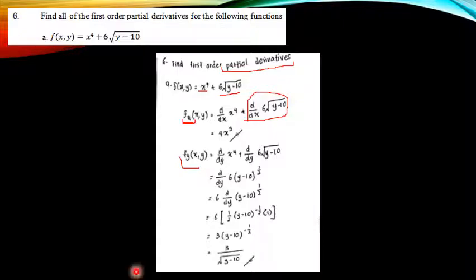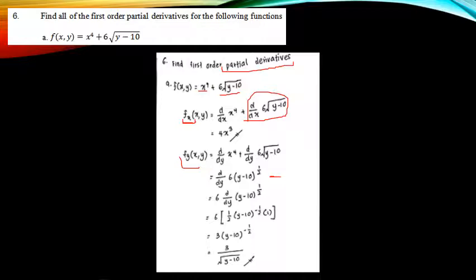Since the first term x to the power 4 doesn't have any y, it is excluded, equal to 0. Then we only differentiate 6 times y minus 10 to the power of 1 over 2. I take the 6 to the front and differentiate y minus 10 to the power of 1 over 2.